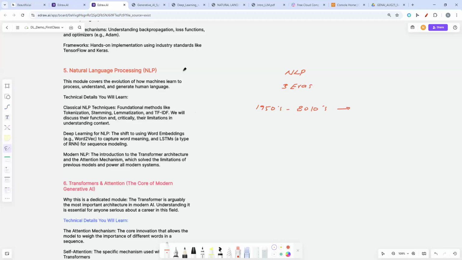So this is from the 1950s to the 2010s, and then deep learning NLP, from 2010 to 2016 or 2017, and modern NLP from 2018 to the current day. So NLP is classified like this, based on the times. We will discuss what was happening back in those days and how we advanced from these years to the next, and these years to the next.